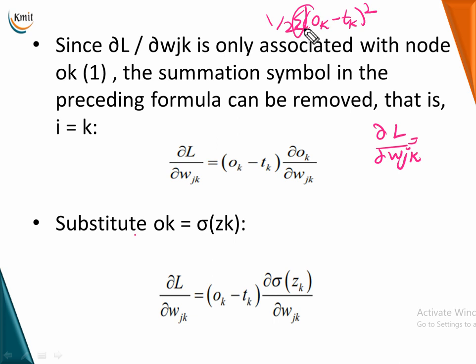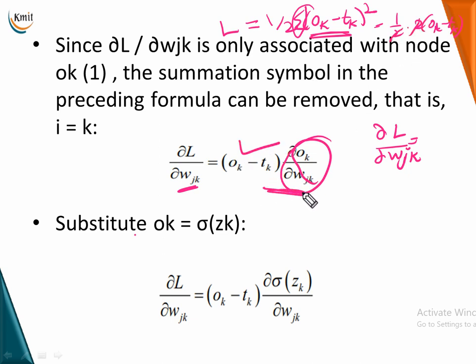If I choose not to, for ease of my derivation, and I am partially differentiating L with respect to W_JK, again I will get half into 2 of (O_K minus T_K), and then you have this internal derivative that is present, correct? So 2 gets cancelled, what you get is (O_K minus T_K) and this internal derivative.